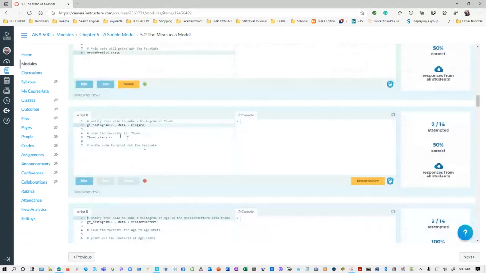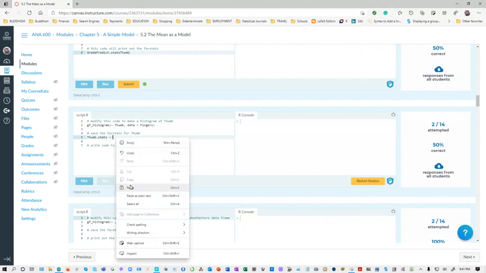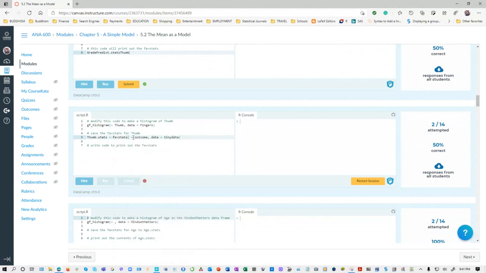mean. Okay, the same way we can do the same thing for another variable. See, the thumb variable. Let's look at the thumb variable too. It's the thumb variable histogram plus favorite statistics. Let's say favorite stat of thumb.